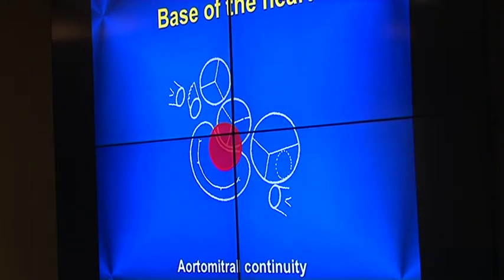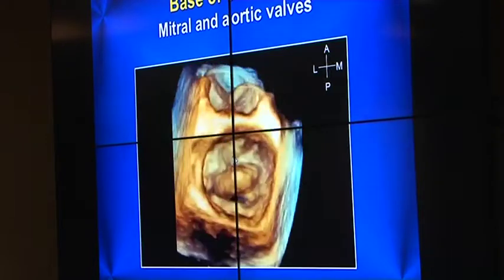The aortomitral continuity is very important. We do know that the posterior wall of the aortic root has got a continuity with the mitral annulus, anterior annulus, and the anterior mitral leaflet.